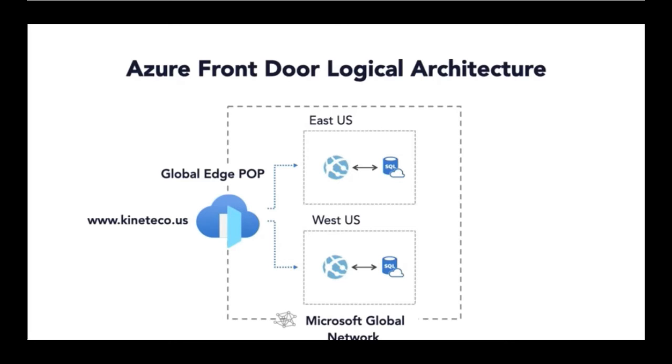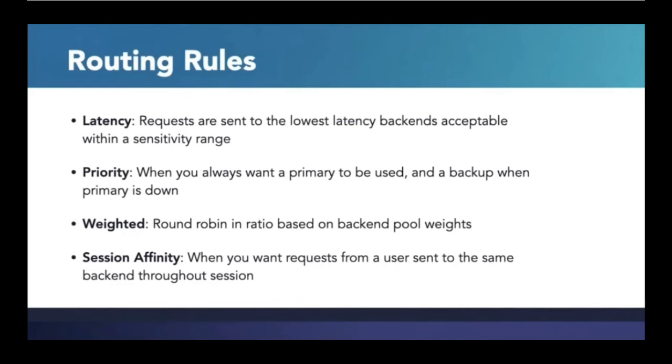There are 4 routing rule types you should be familiar with. Latency means requests are sent to the lowest latency backends acceptable within a sensitivity range. So if I set a range of 30 milliseconds, only backends with latency of 30 milliseconds or less will be considered.